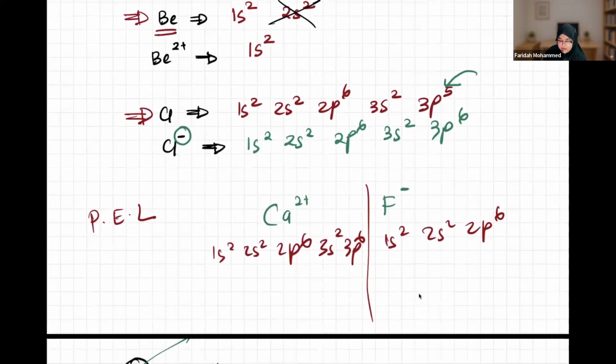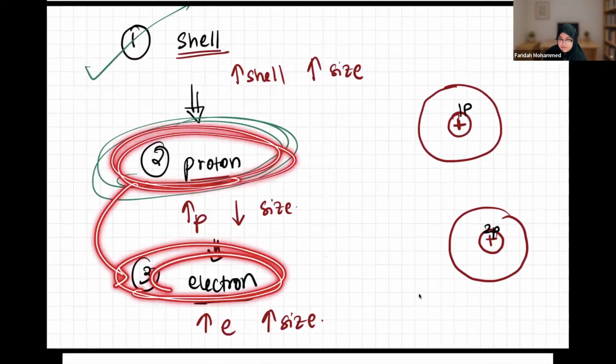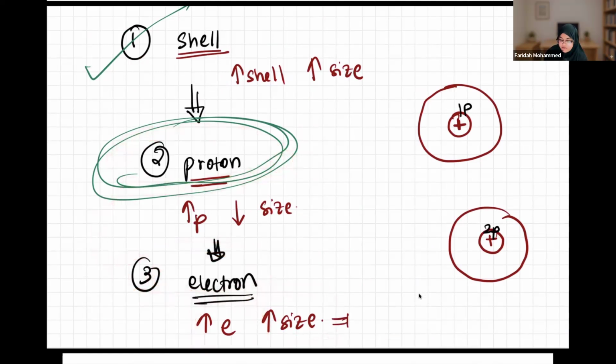So again, the number of protons is the same, so now you have to go to the number of electrons. The higher the number of electrons, the bigger the size because of electronic repulsion.